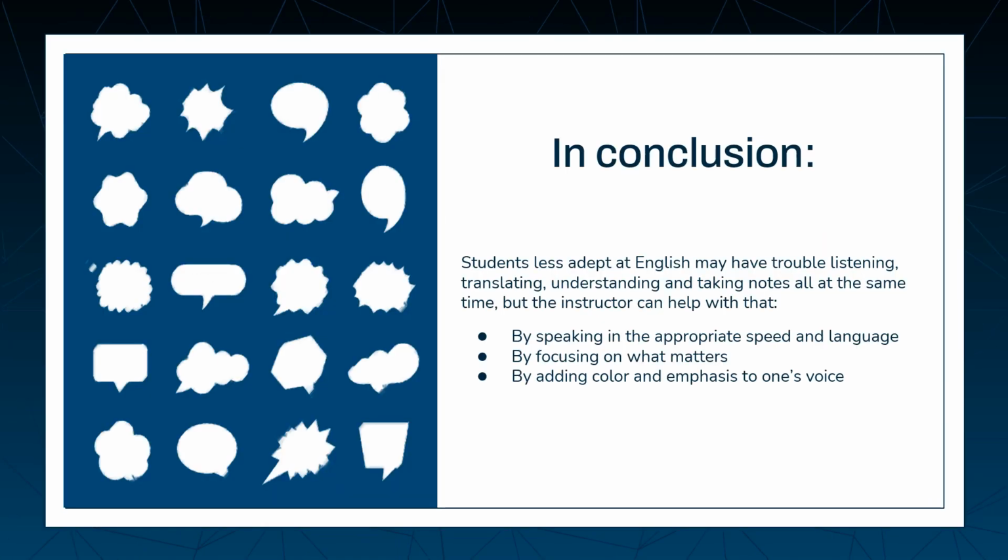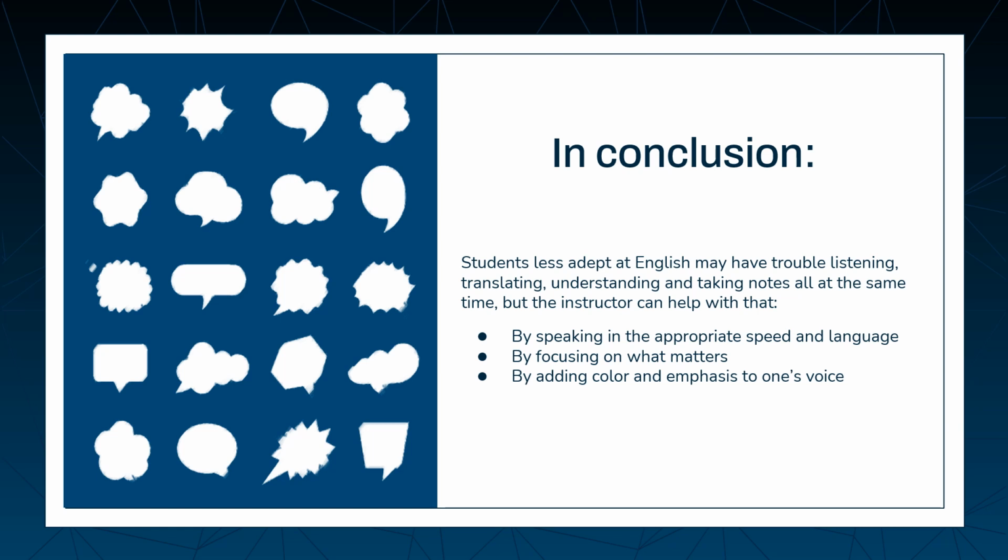In conclusion, students less adept at English may have trouble listening, translating, understanding, and taking notes all at the same time. But there's something you, the instructors, can do to help with that. By speaking in the appropriate speed and language, so that students may understand the words.